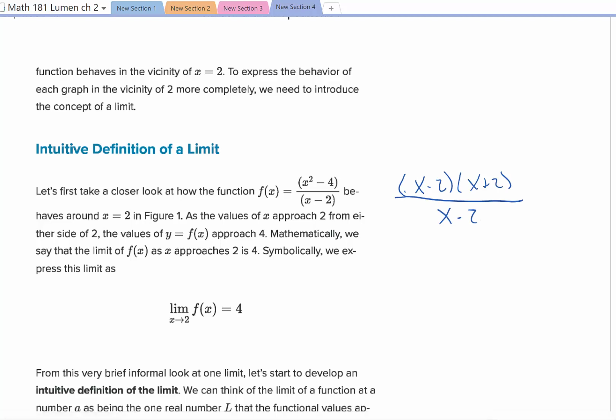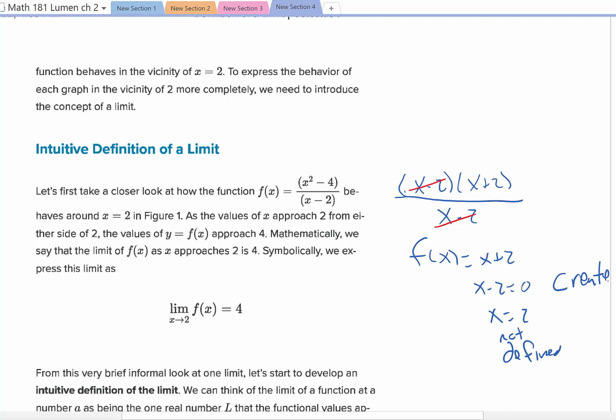And if you recall from your Math 126 days, those are reduced out, leaving you essentially f of x equals x plus 2, where we have x minus 2 equals 0 as a problem. We have to keep in mind, x equals 2 is not defined there. It creates a hole.